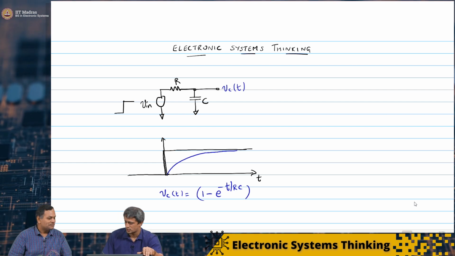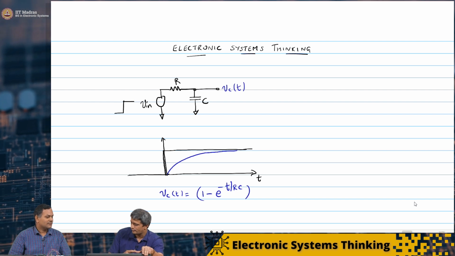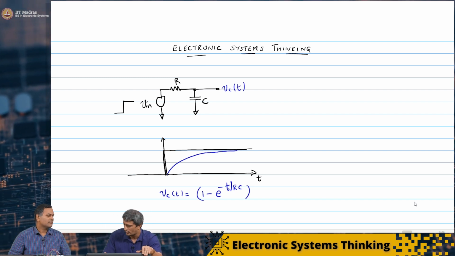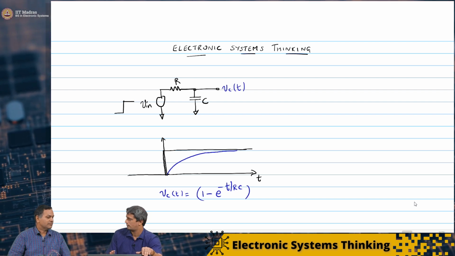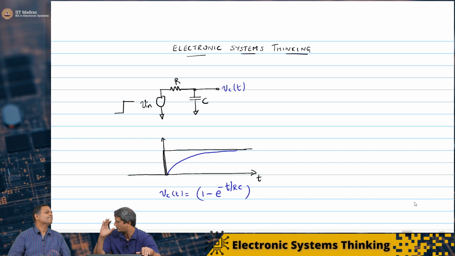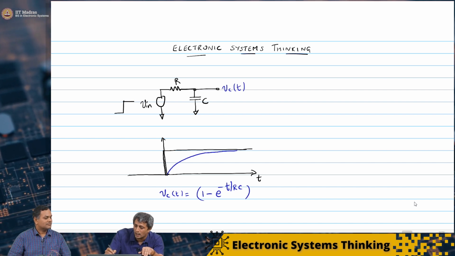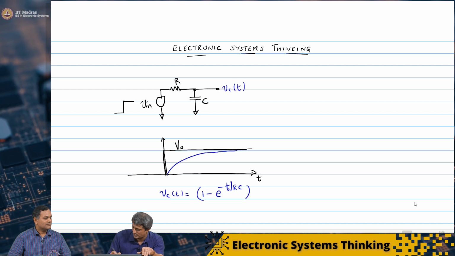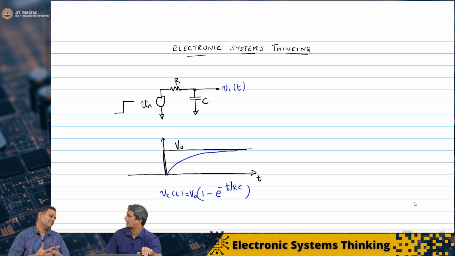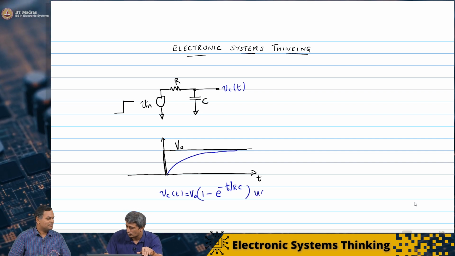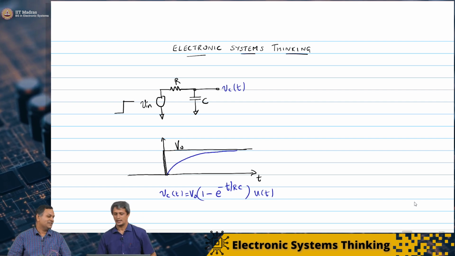As t tends to infinity, Vc of t gets to the final voltage of 1 volt, but for any finite time, it is not at that ultimate voltage. If this were V naught instead of 1 volt, the expression would change to V naught times that, and I would add the unit step since it is only valid for t greater than 0.